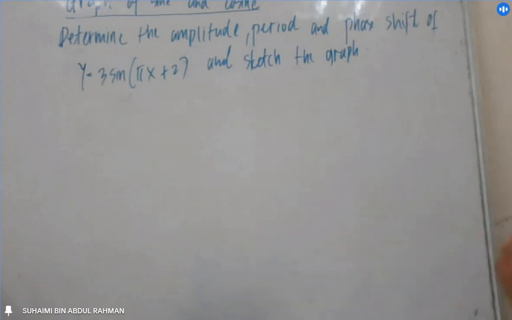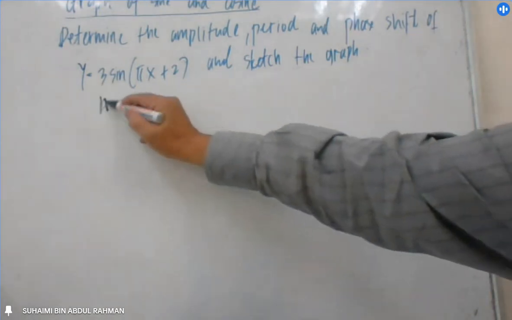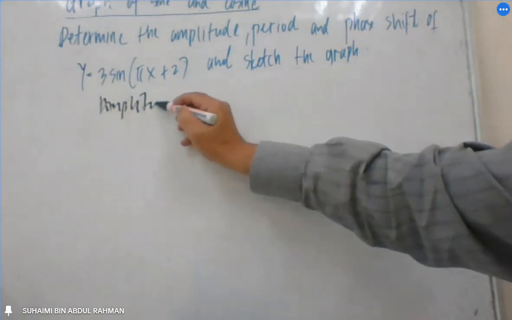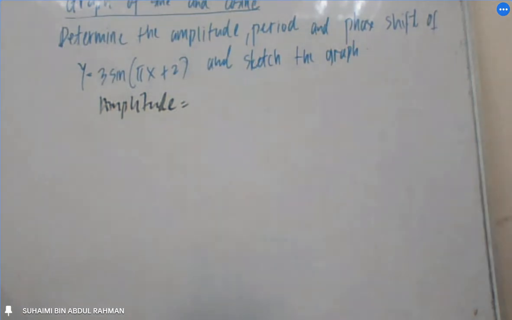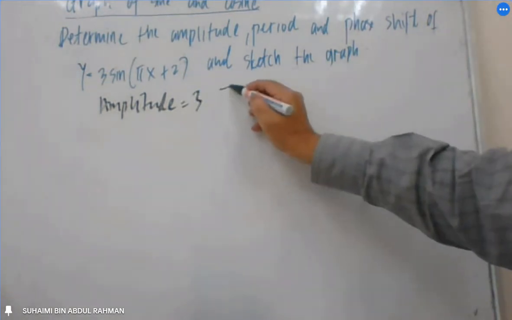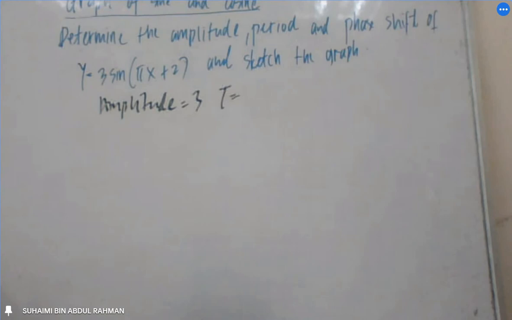So, first of all, amplitude. Amplitude is what? 3. Period?